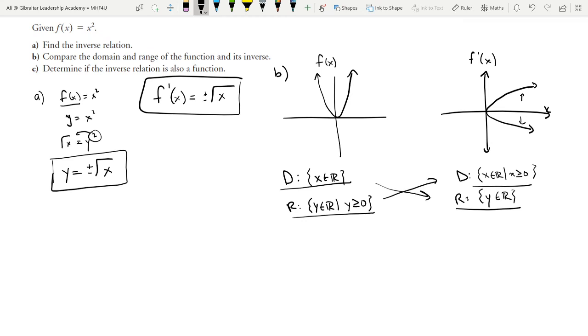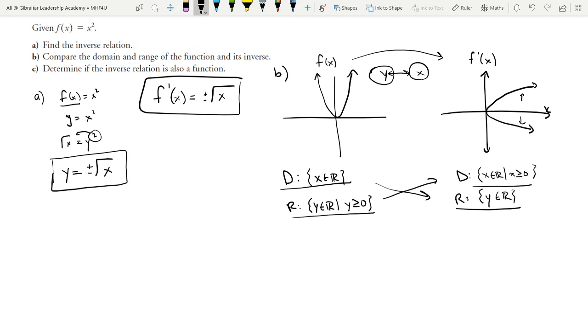So they have basically switched spots, which makes sense because in order to go from the original to the inverse, the x and y switch spots. So whatever the y values were in the original, now they become the x values for the inverse. So the x value of the original, which is what your domain is made up of, is now going to be the y value of your inverse, which is what your range is now made up of.